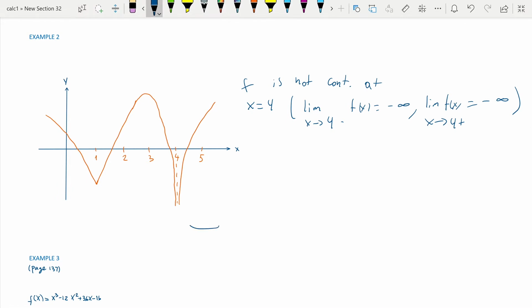So this is what we can see happens as we get closer and closer to the number 4.